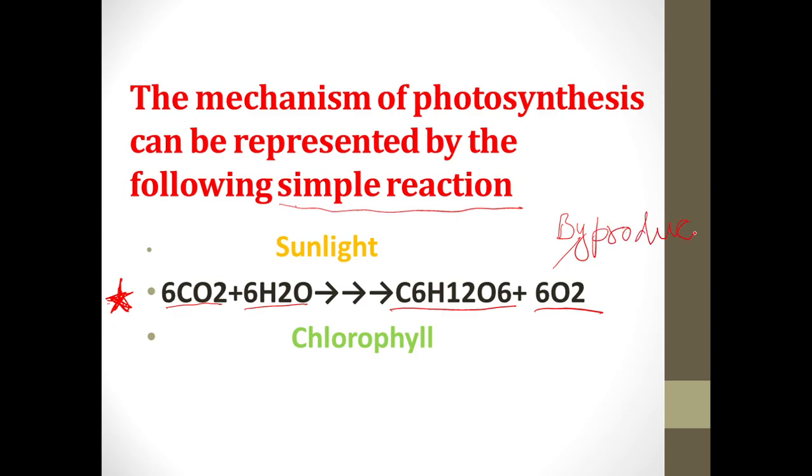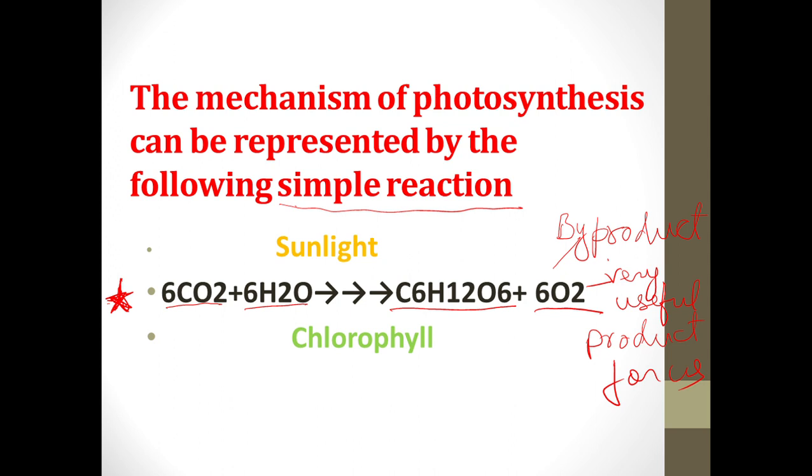But this is not a waste product for us. This is a very useful gas for us, a very useful product for us. But this is the byproduct of the reaction. We are getting this oxygen from the plants. That is why we say we get oxygen from the plants, because oxygen during the process of photosynthesis is the byproduct of photosynthesis.